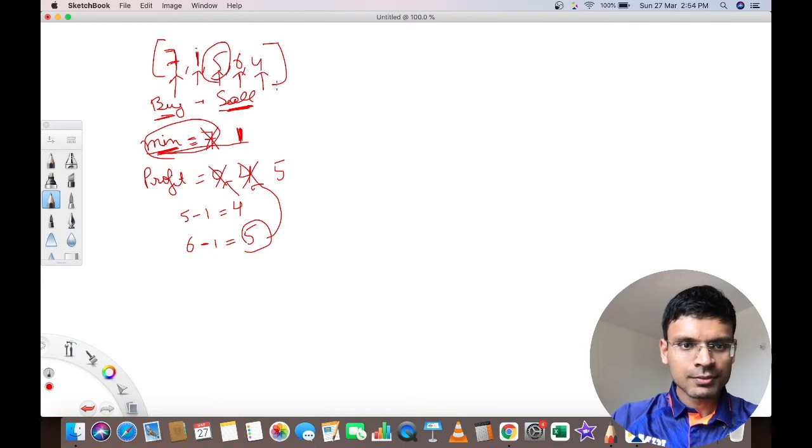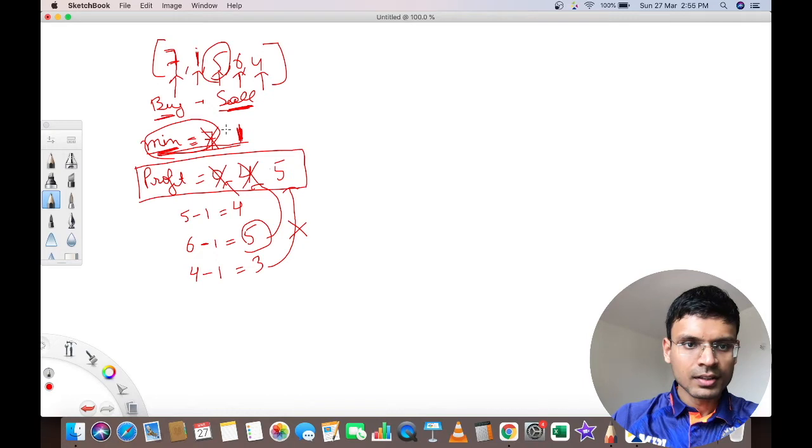Now we come to this 4. 4 is greater than 1, so we don't update the minimum value, and we again calculate the profit. 4 minus the minimum value is 3. We compare 3 with 5, it is not greater, so we don't update it. So this is the maximum profit we can make, achieved when we buy the stock at this minimum value and sell at this maximum value, 6.